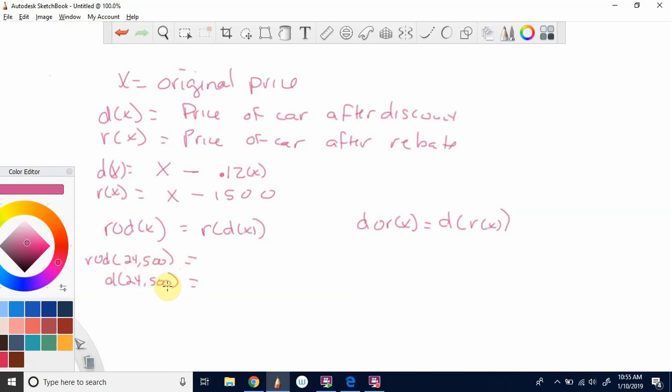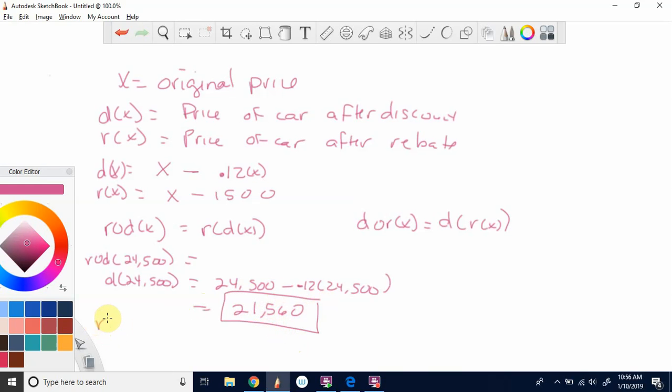All right, so first thing we're going to do is D of 24,500. So we're putting this into 24,500 minus 0.12 times 24,500, which we get $21,560. Okay.